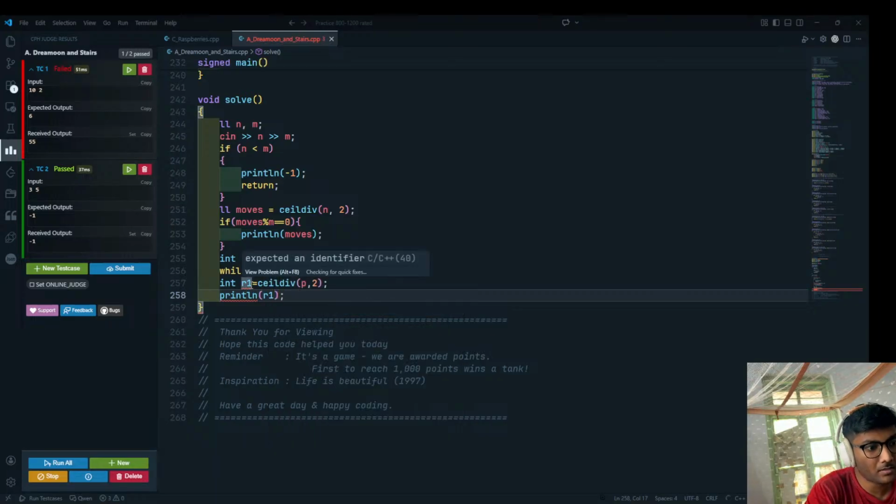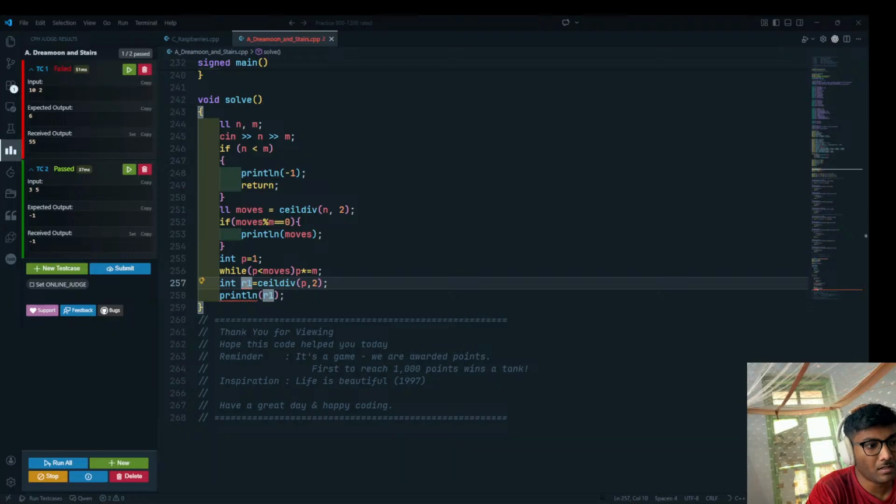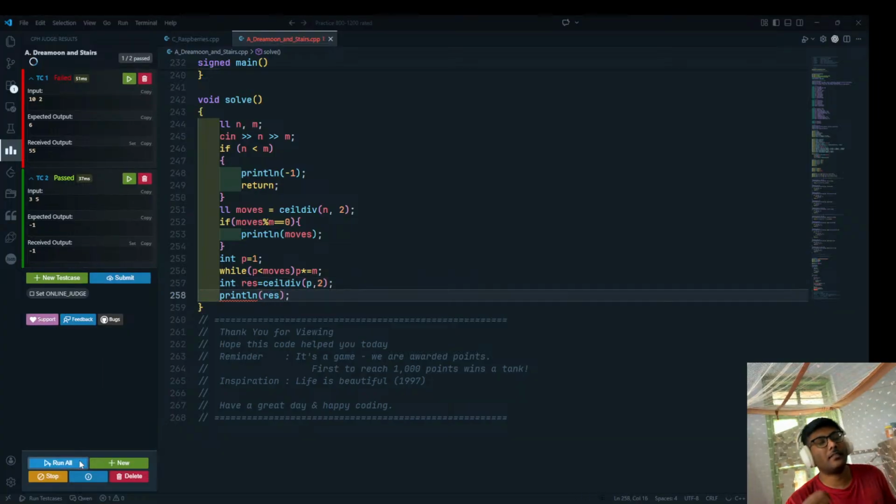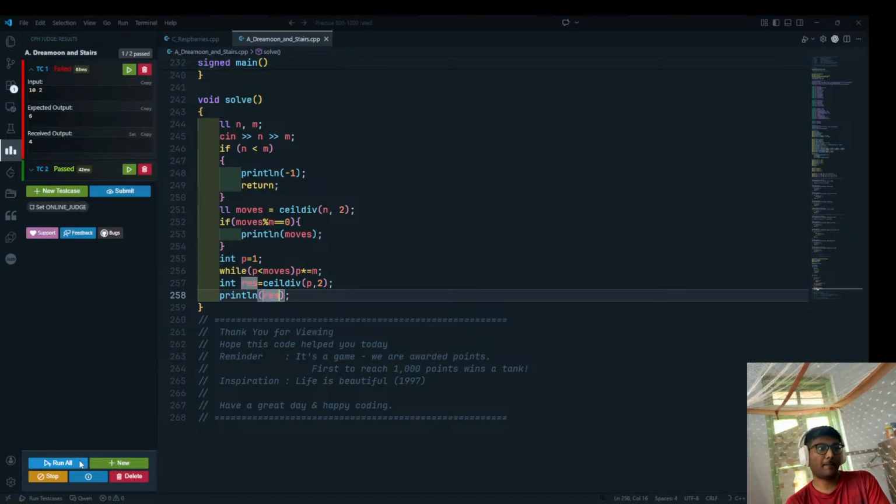Why is r1 a problem? Okay, r1 is return 1, so raise. It's not like I can reach there with less than that number of moves, can I? This would still pass.